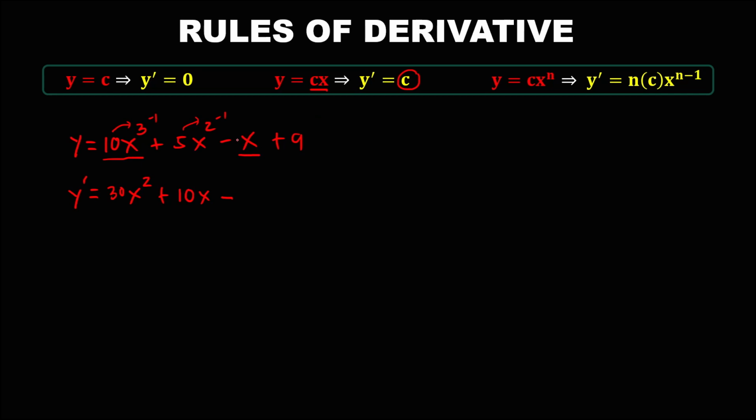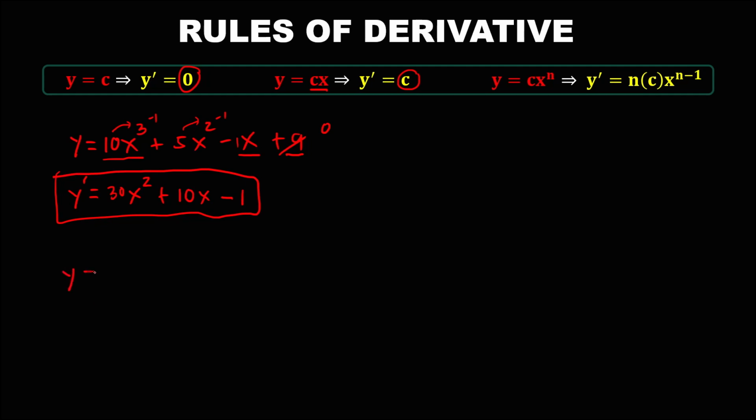So therefore, since there is one numerical coefficient, the derivative of x is 1, and for the derivative of a constant, this one is 0. So this is now the derivative.